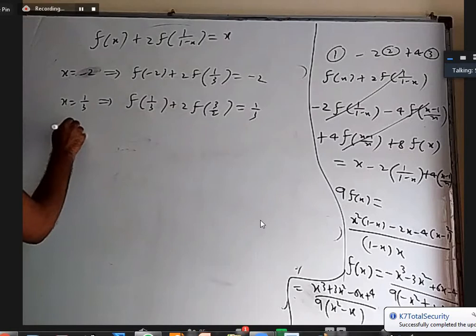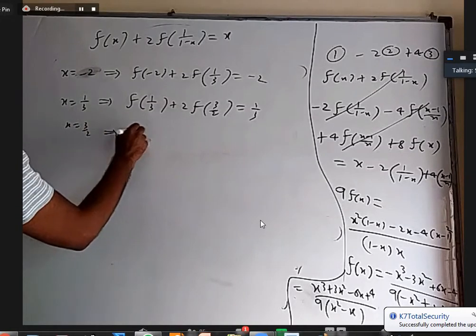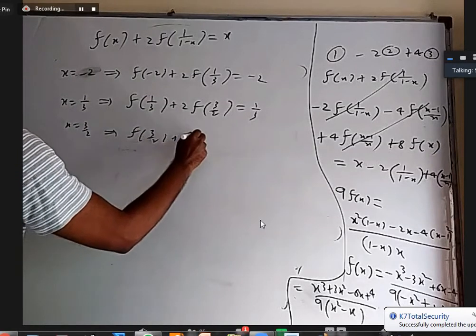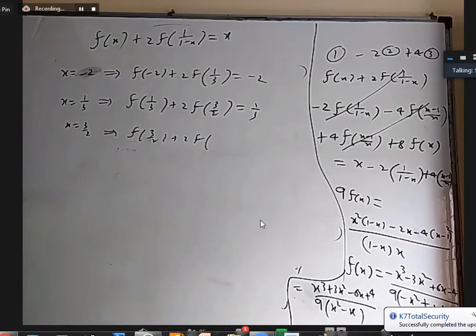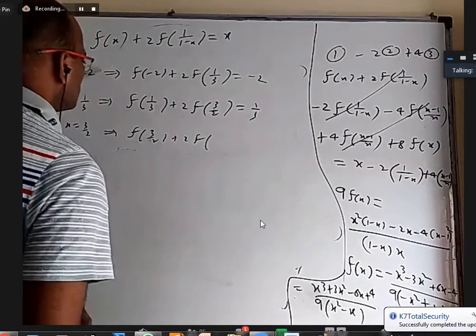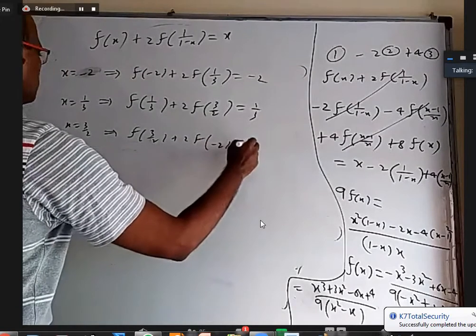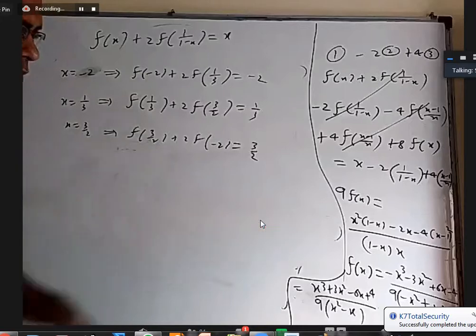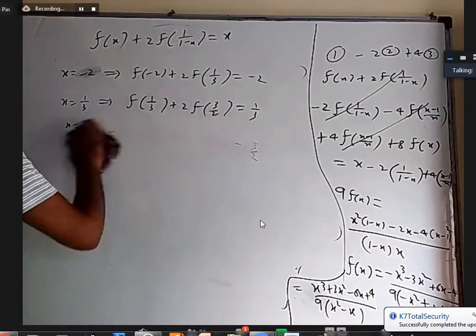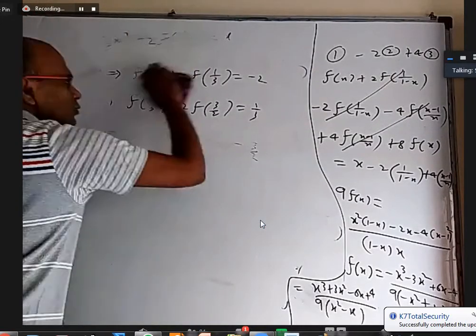And then when I put x equal to 3 by 2, I'll get f of 3 by 2 plus 2 f of, I put 3 by 2, minus 2 will come. But I'll not get any f of 3 here. So I think I have to use this. Otherwise, I have to really find both the values.